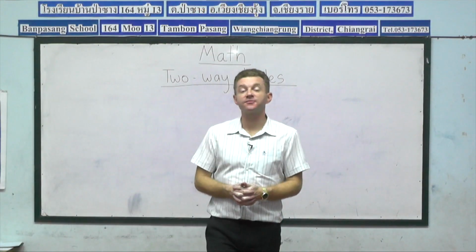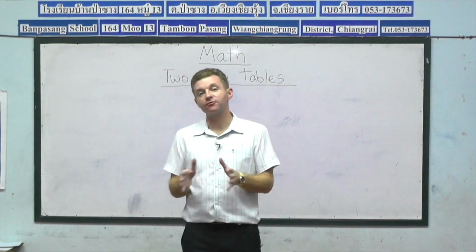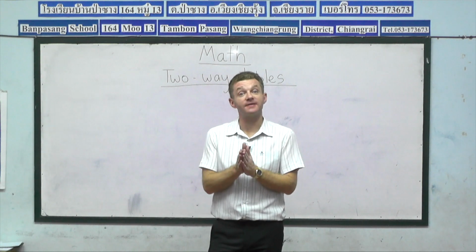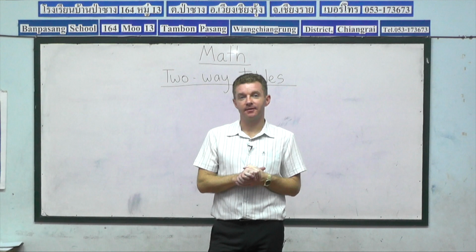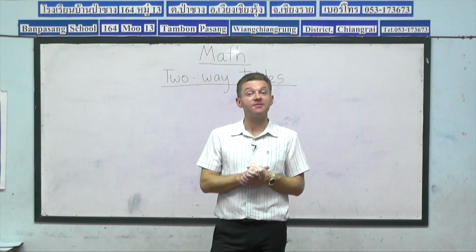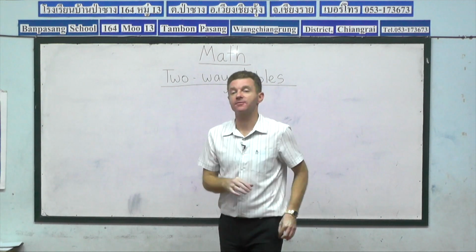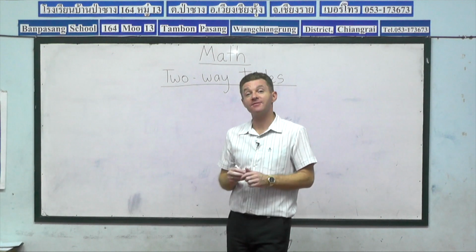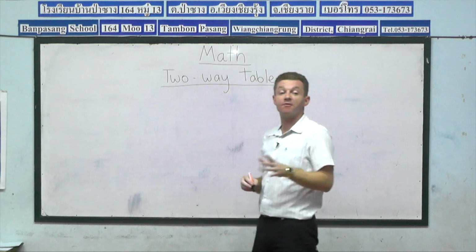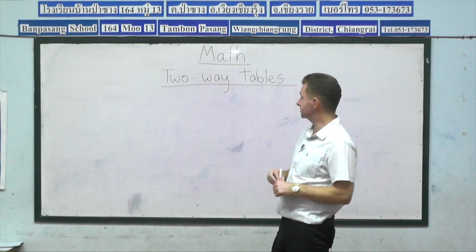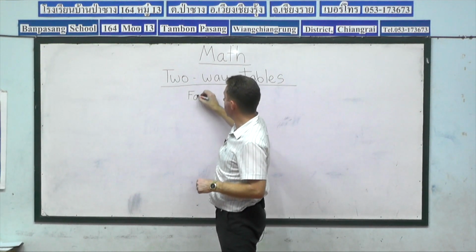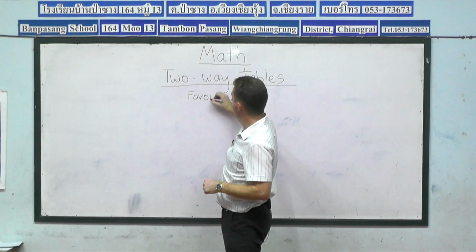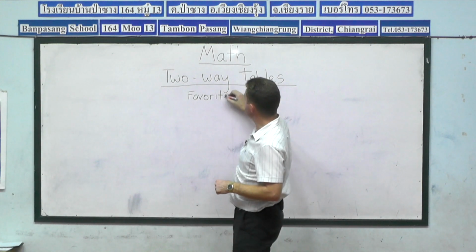So now it's time for our students to demonstrate their understanding of two-way tables by creating our own with a classroom exercise. The first thing we need for any table or chart or graph is a title. So I will choose the title of today's two-way table, Favorite Subjects. So favorite is F-A-V-O-R-I-T-E.